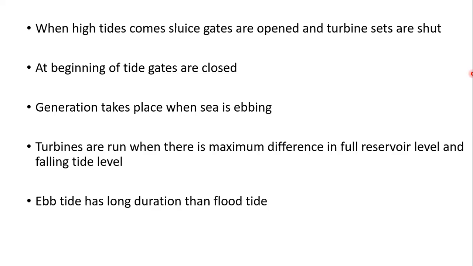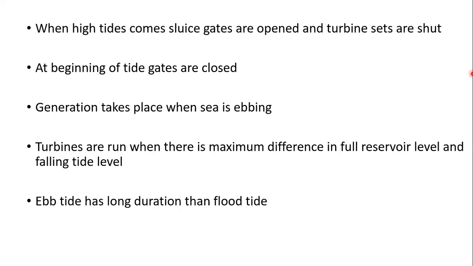That means the seawater is allowed to fill the basin through the turbines. As the flood tide, high tide period is over, the sea level starts falling again. So the generation will be stopped, and the basin is again drained into the sea through the sluiceways.